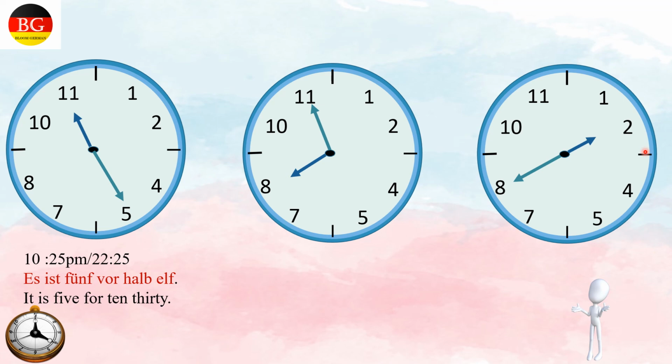You also try to do it or repeat after me. Now, what is the second clock saying here? Wie spät ist es? Es ist 8:05. Correct? Es ist 8:05. Und wie spät ist es? Es ist 2:10.